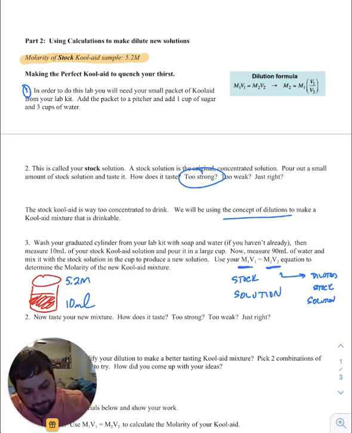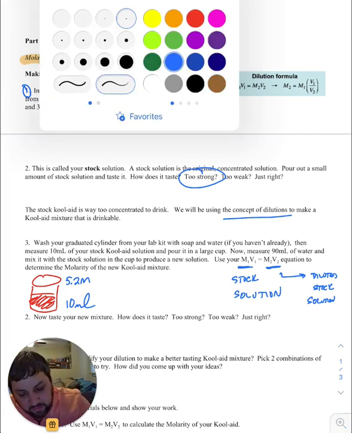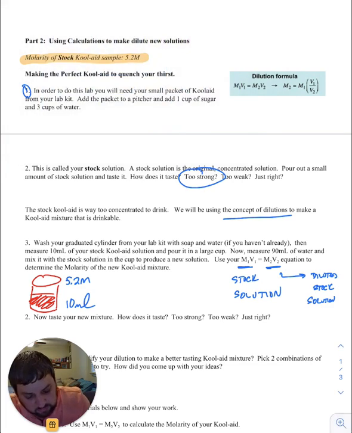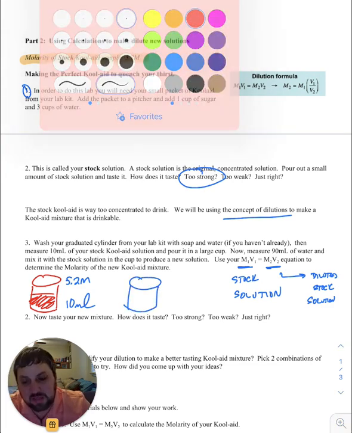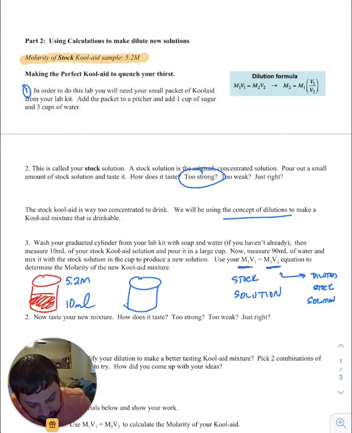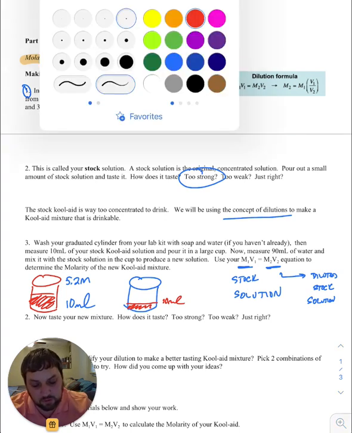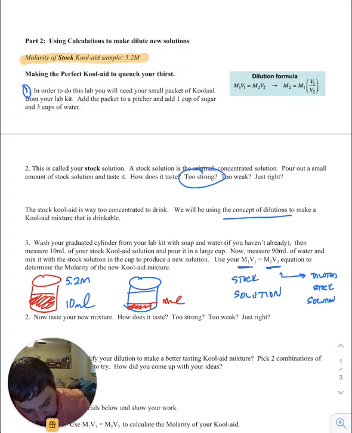So let's look at, again, a diagram of what that looks like. So in a big container, a beaker, a glass, whatever you're using, we should have 10 milliliters of my really concentrated solution. On top of it, we should have another 90 milliliters of water.